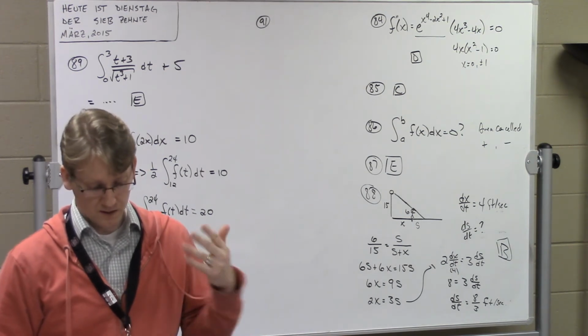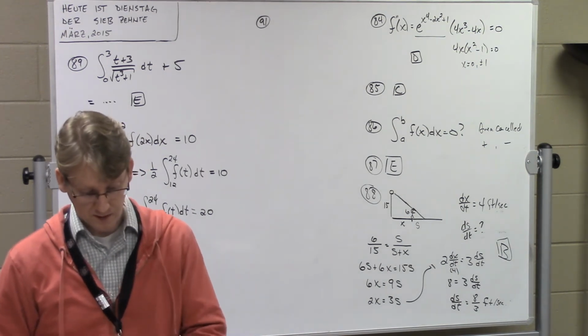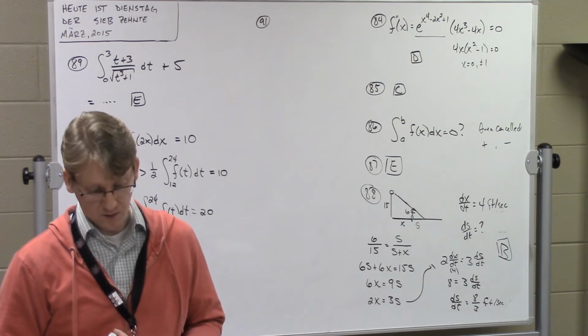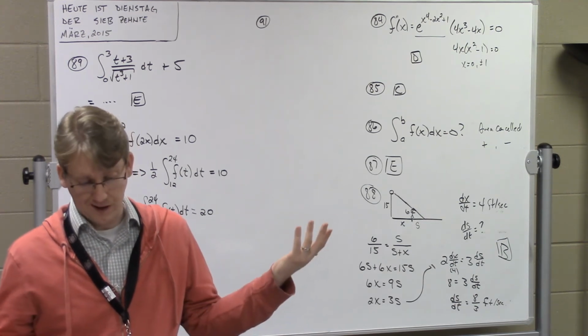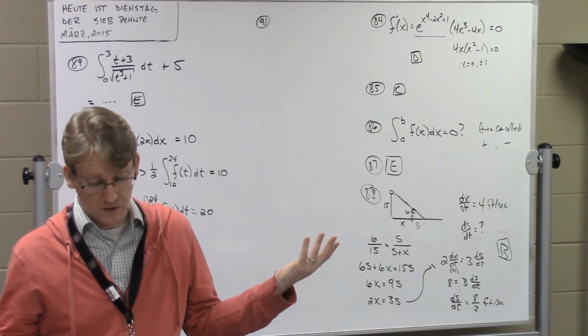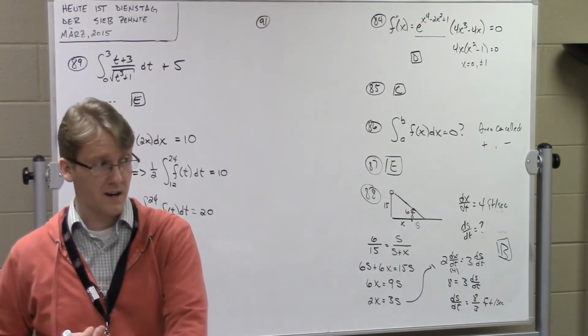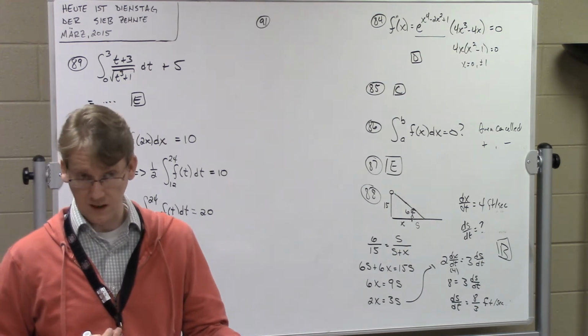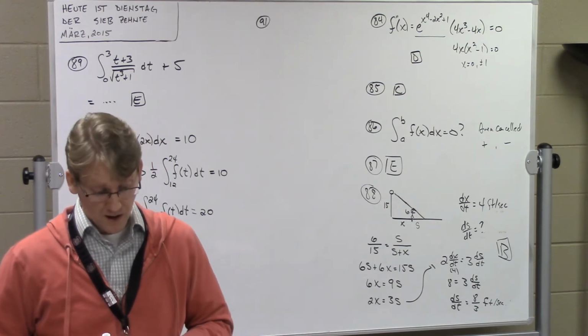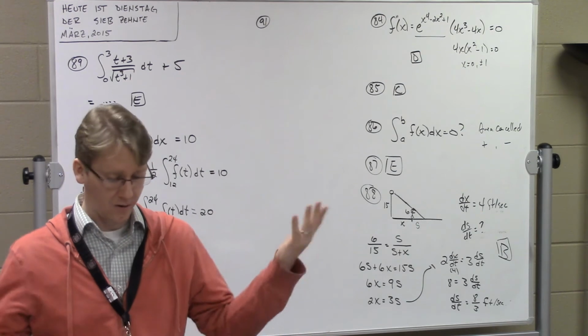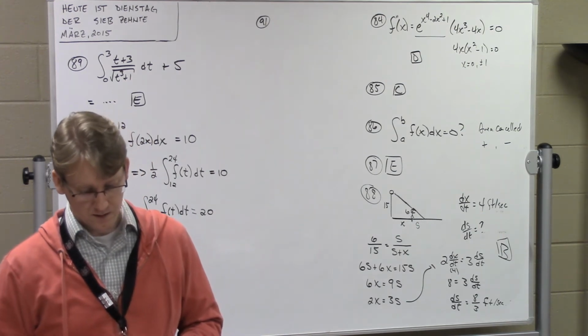F is increasing? No, clearly not. F has no critical points? It could have hit 0 somewhere in between. Just because you only see positive values doesn't mean there weren't some negatives squeezed in the middle, like at 1 or 1.5. F has at least 2 relative extrema? I've got no idea, it could have none.